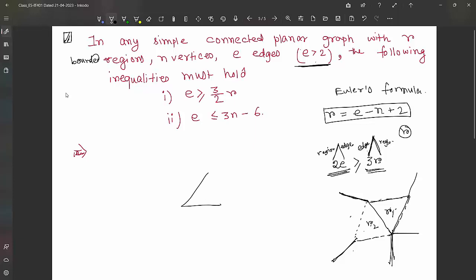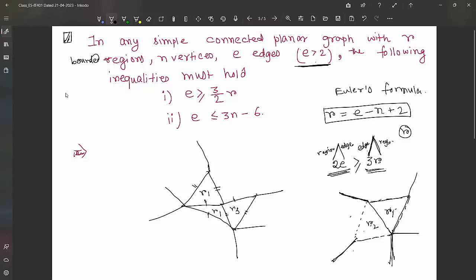Because suppose you have this type of graph, then you can see these are producing some regions, but there are so many edges which are not contributing to these regions. Only regions are formed by R1, R2 and R3. To form this region, you will need at least 1, 2, 3, 4, 5, 6 and 7 edges.